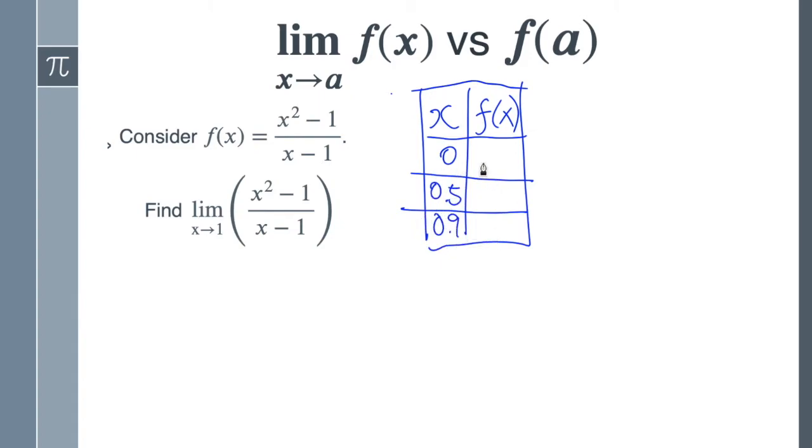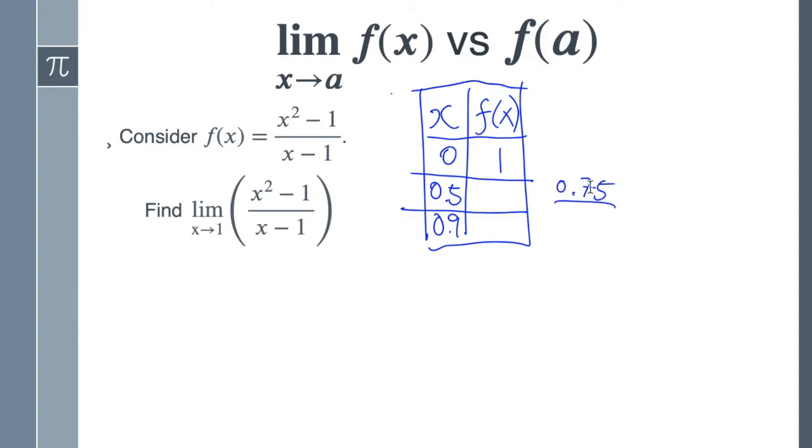Okay, now what is f of 0? So this becomes 0, this becomes 0, so you have minus 1 over minus 1, that's going to become 1. Okay, what's 0.5? So 0.5 squared minus 1, I need to have the calculator there. So 0.5 squared minus 1 is equal to -0.75.